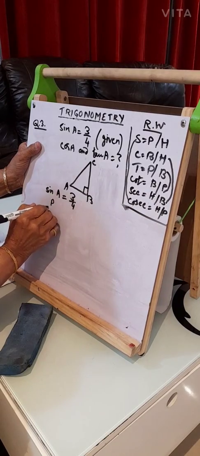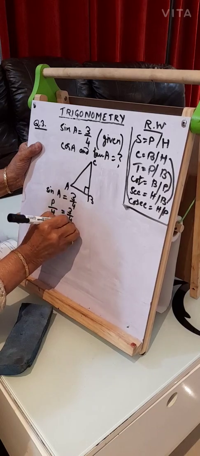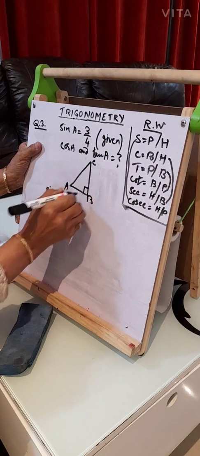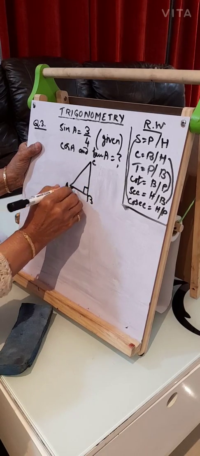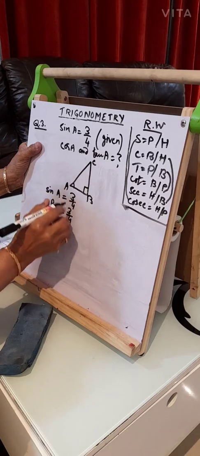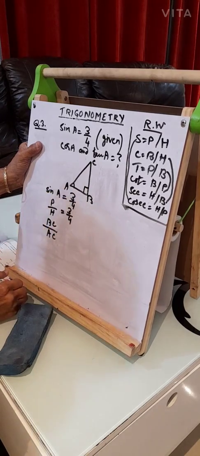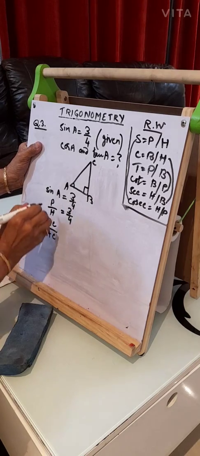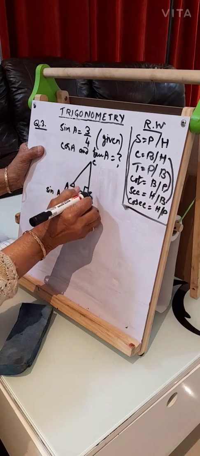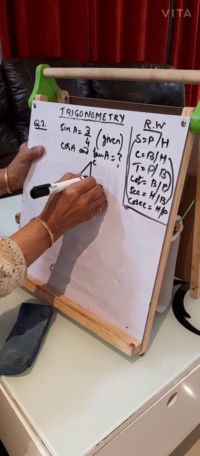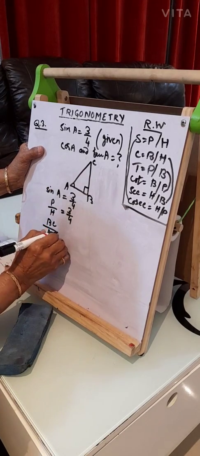P over H is equal to 3 over 4. For sin A, perpendicular is BC, the opposite side to angle A, and hypotenuse is AC. So BC over AC is equal to 3 over 4.